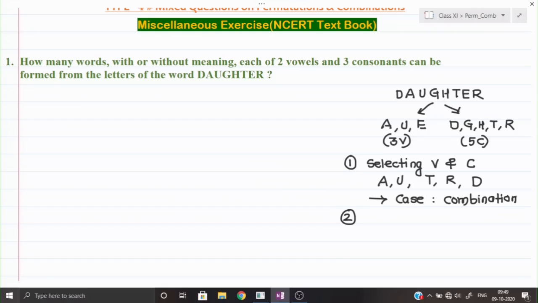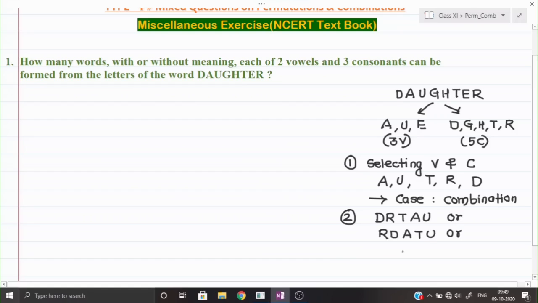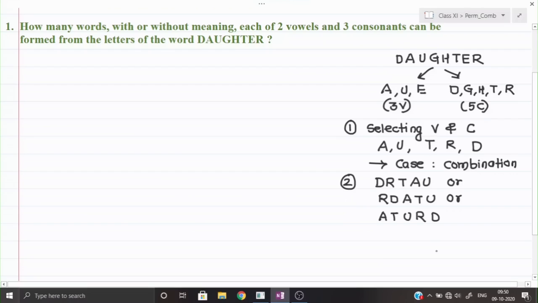Second, with the help of these letters A, U, T, R, D, for example, I am making the word D, R, T, A, U. That may not be meaningful, or it can be. Or I can make the word R, D, A, T, U, or the word A, T, U, R, D. Tell me, are all these three words different or the same?